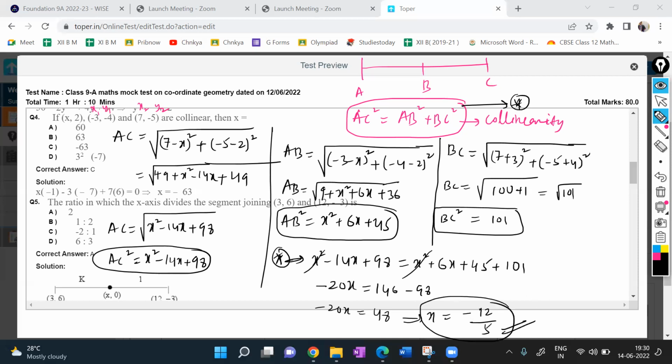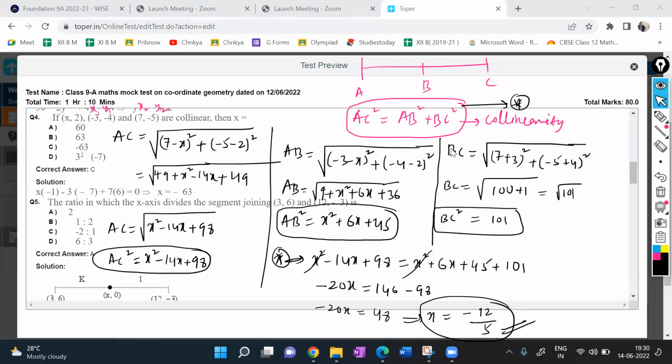This should be the answer as per the equation which we got. As per that, this x value should be minus 12 by 5. Clear? Any doubts?